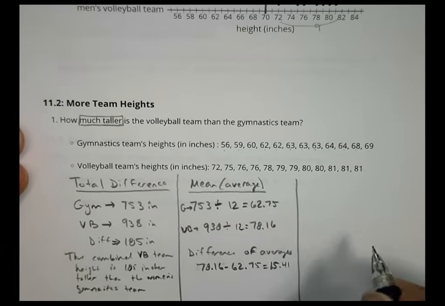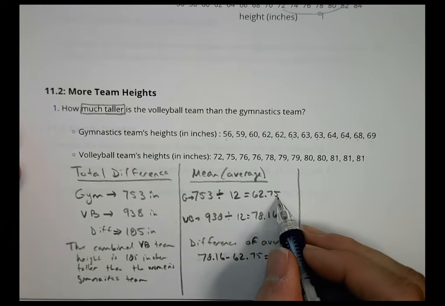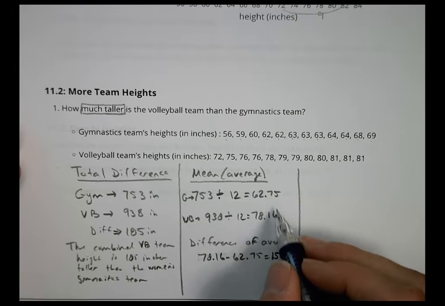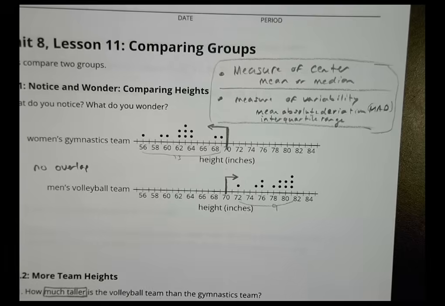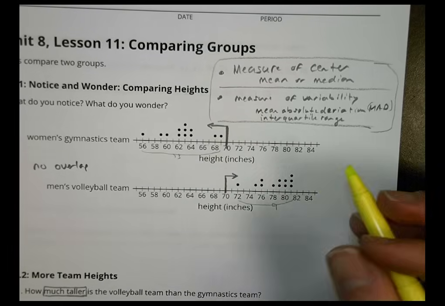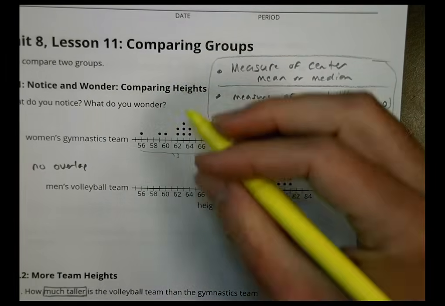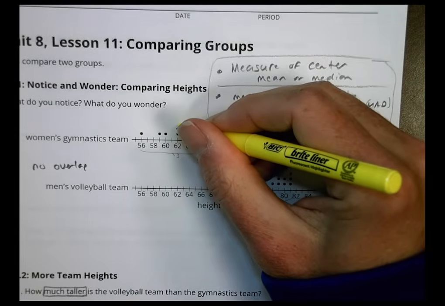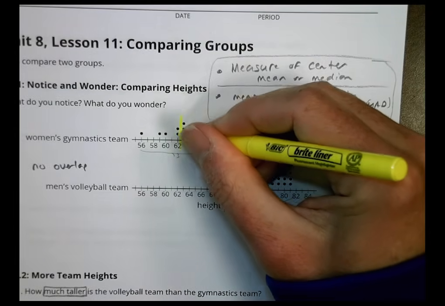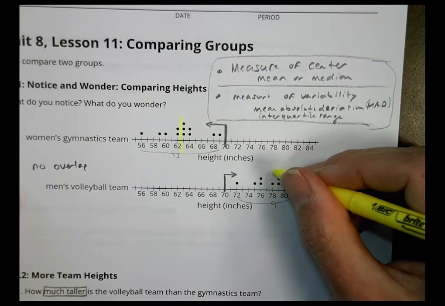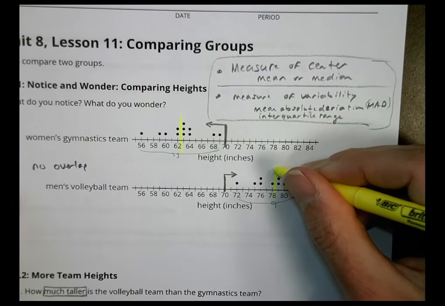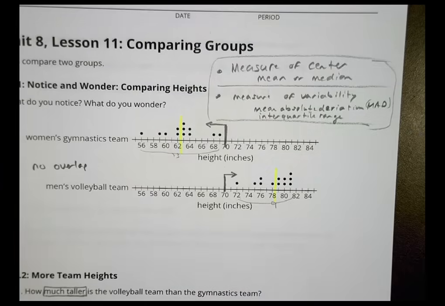So another way of comparing it would be to say the average height of the women's gymnastics team is 62.75, and for the volleyball team 78.16. And you could take your chart back up here, and say the mean for the women is 62.75, so it's somewhere about here, okay? And the mean for the men is 78.16, so somewhere about here, right? So those are our two means.